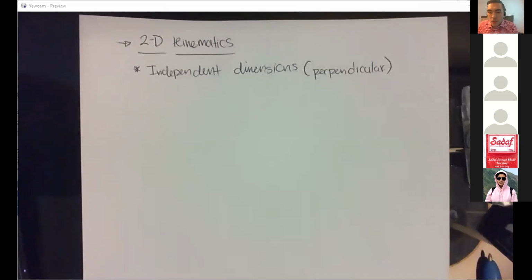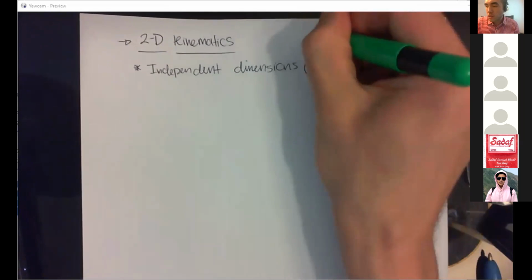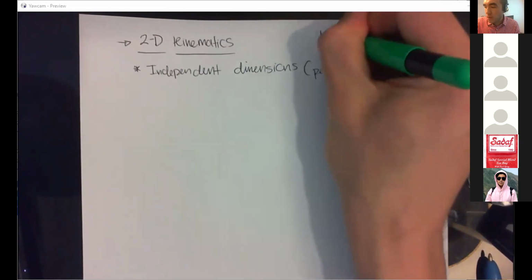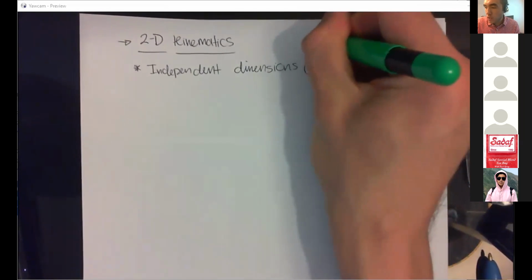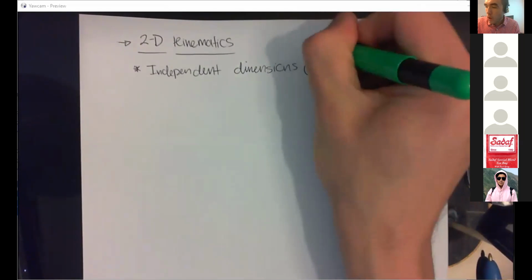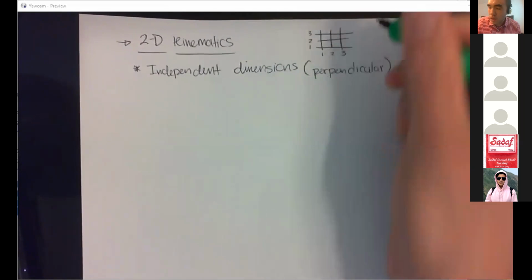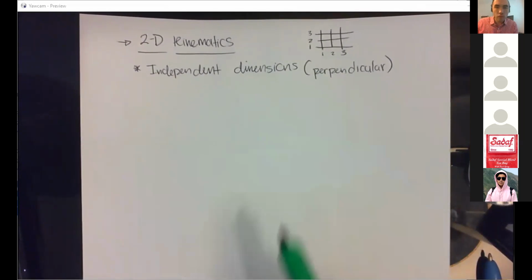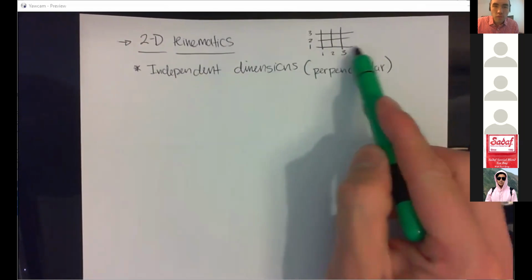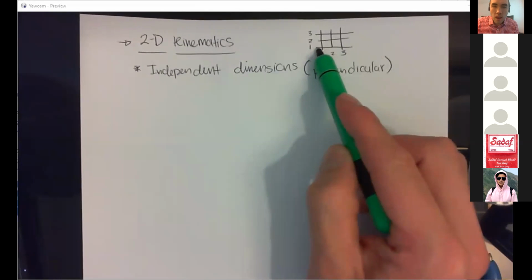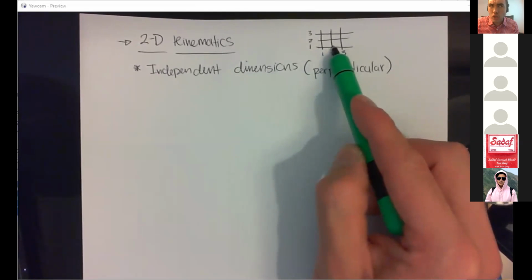And the reason why we say that perpendicular dimensions are independent of each other is that if I had basic graph paper set up, some X, Y, Z, where this is 1, 2, and 3 in the Y direction, 1, 2, and 3 in the X direction, it's pretty straightforward that, okay, if these are perpendicular and I go increasing in the X direction and I increase X from 1 to 2, does that change my Y value?